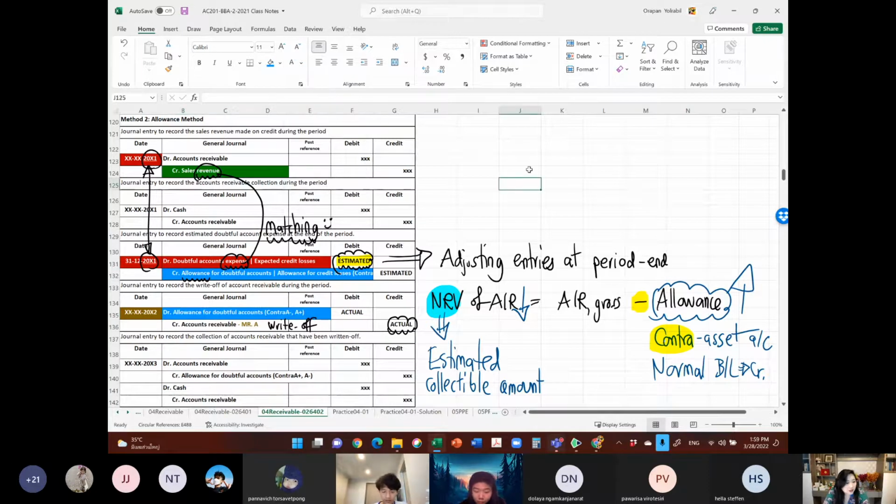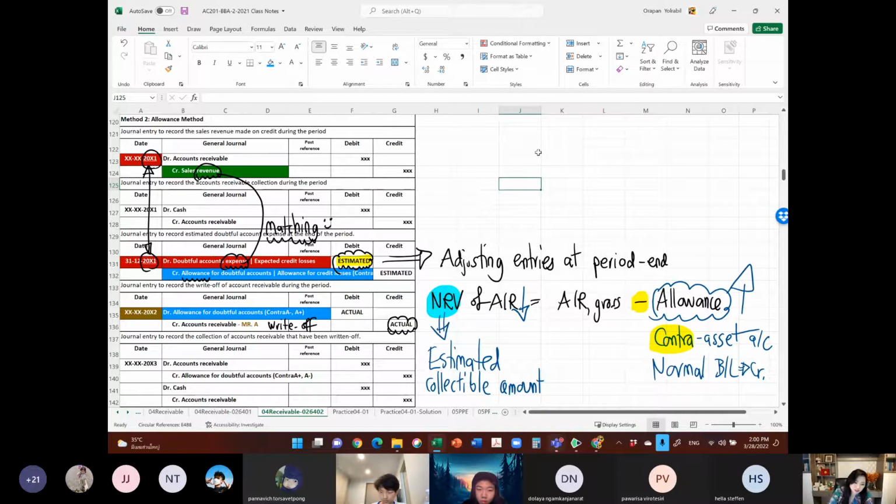Okay, so the allowance balance will be reduced if you know for sure that the customer will not be able to make the payment. So at the time that you write off his or her accounts receivable, you reduce the balance of the allowance that you recorded earlier in the prior period.